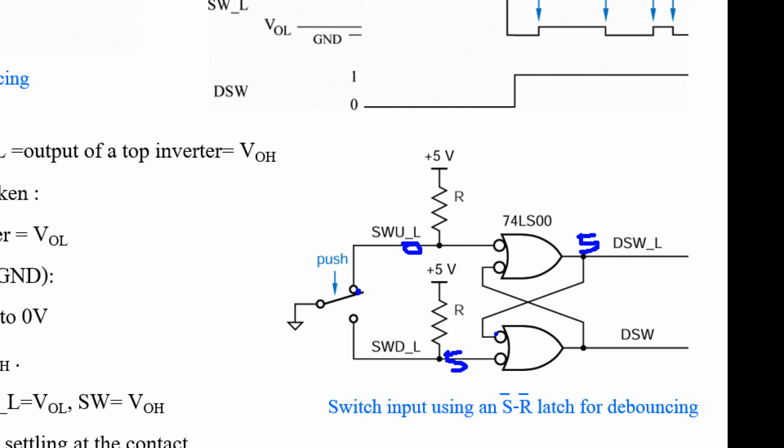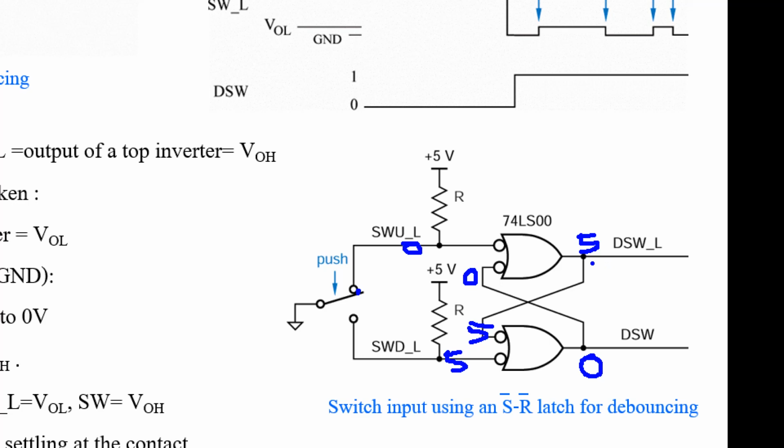So this output then becomes 0, right? 0 at here, then 0 at here, so it is 5 at here.